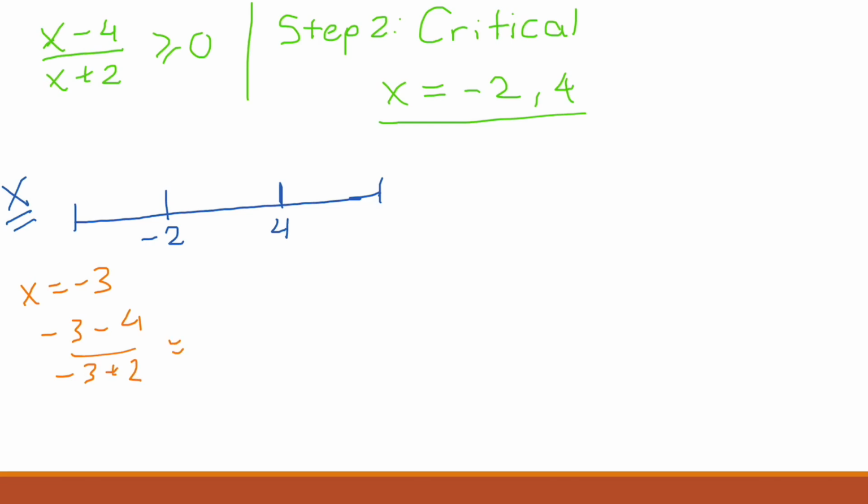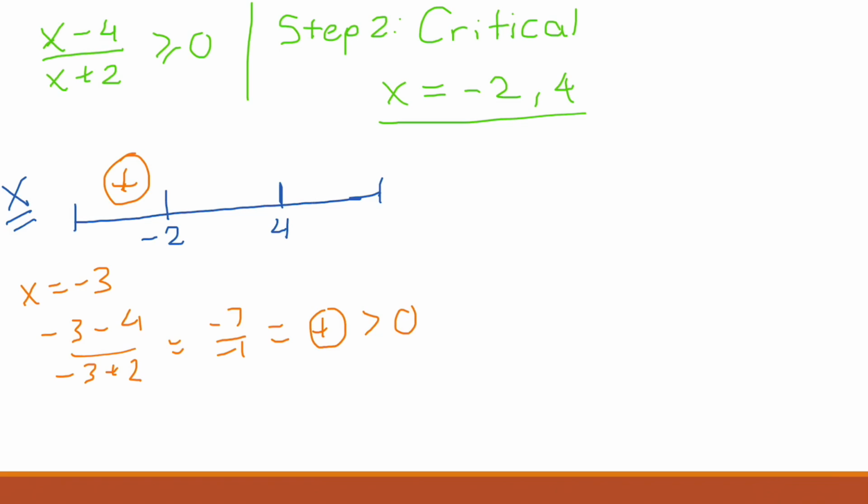If you look at this, we have a -7 upon -1, which turns out to be positive, which is greater than 0. Now, whatever x value you put in, which is less than -2, you will always get a positive answer. So once you test one value, I want you to put the sign that appears. In this case, we have a positive sign. So give it a positive sign.